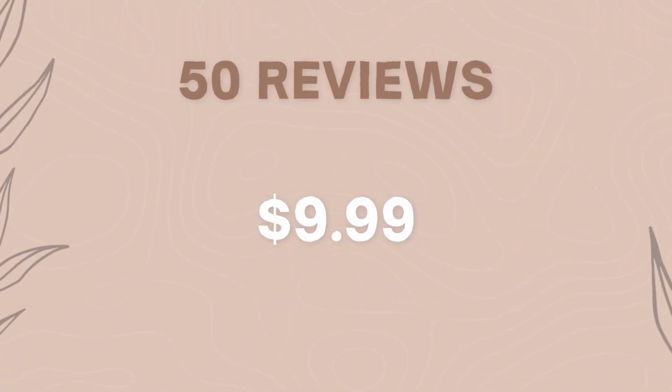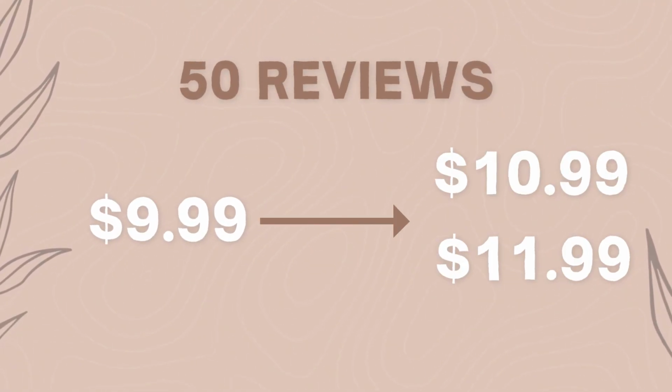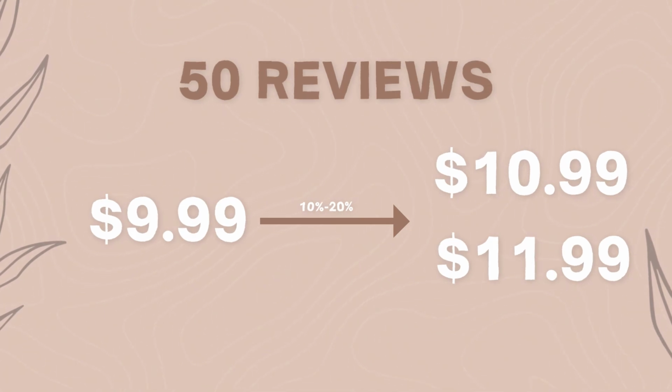What I recommend to those of you who are at that stage is to price a little bit lower. So instead of $5 of profit, what about $3 of profit? And then you are going to stagger your price as you get more reviews and sales. What I typically recommend is every 50 reviews, I would increase my prices usually by 10 to 20%. Hopefully that helps those of you.